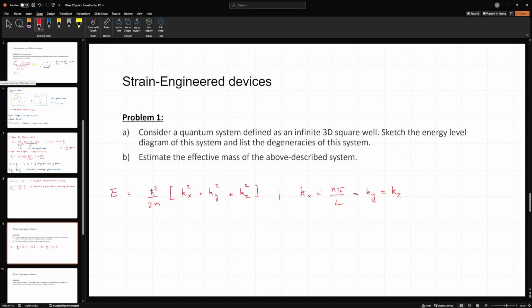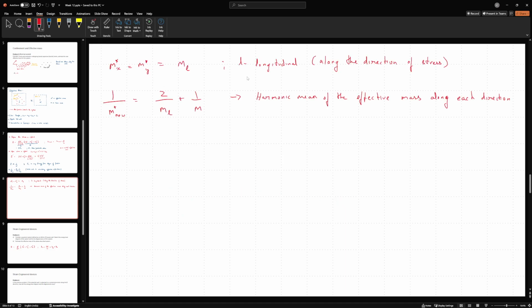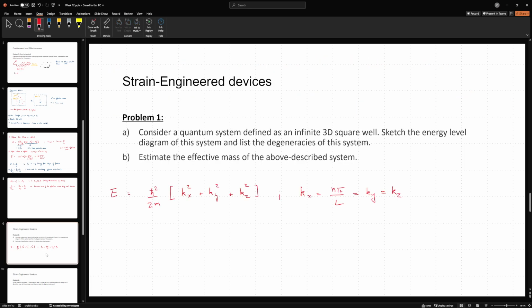So kx equal to ky equal to kz. So from this, we get the same energy expression as in the previous case.